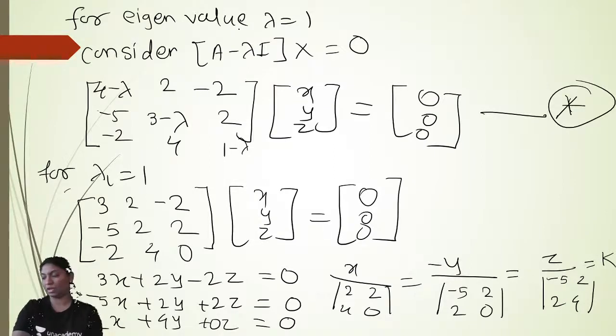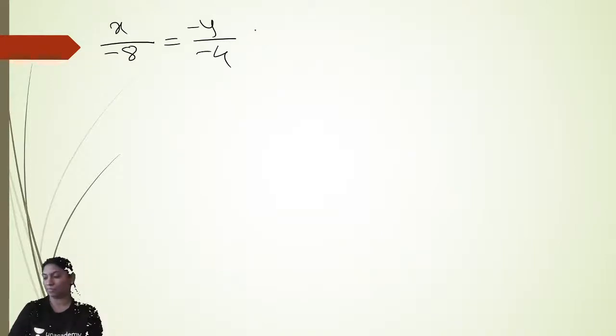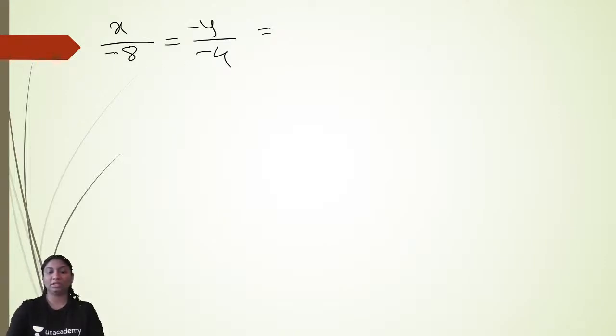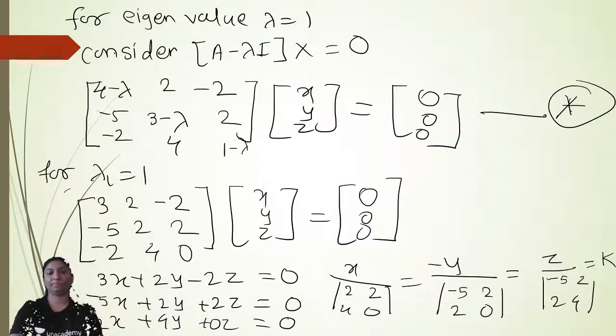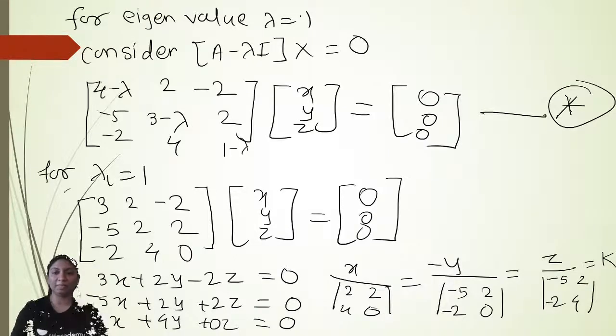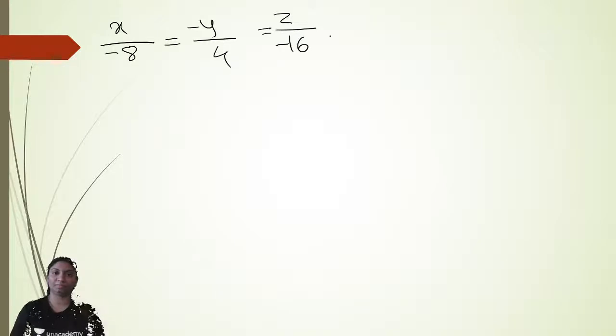x upon minus 8 is equal to minus y upon 0 minus 4, so minus 4, is equal to z upon minus 20 minus 4, that is minus 20 minus minus plus 4, minus 16, is equal to k.